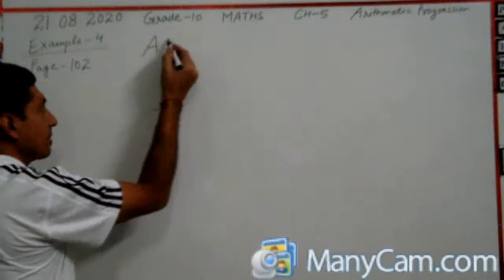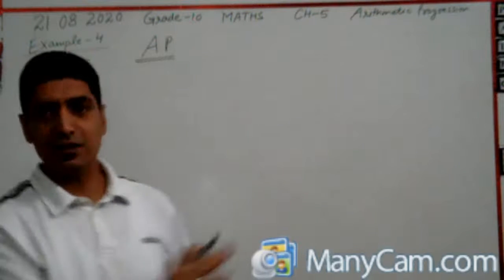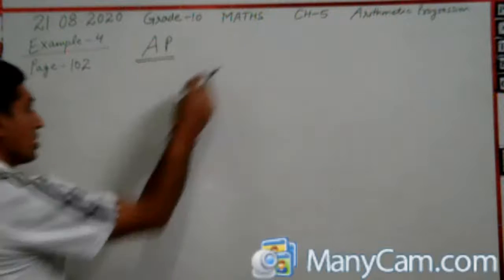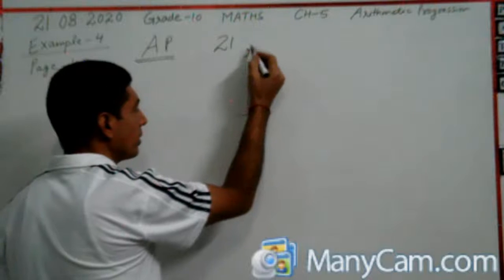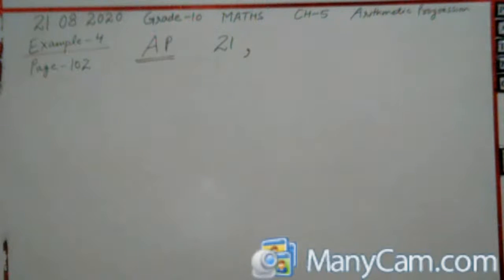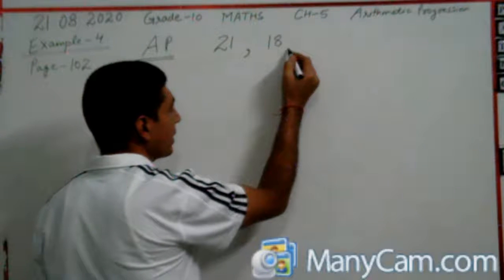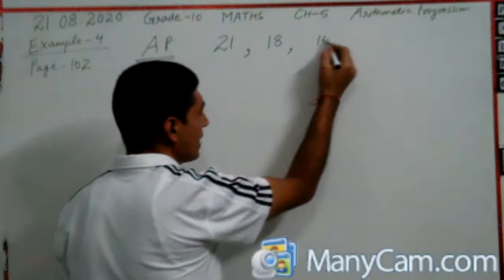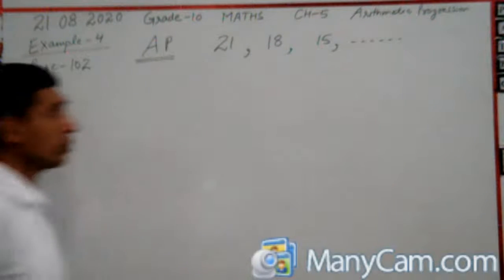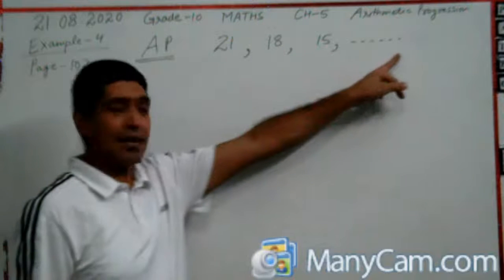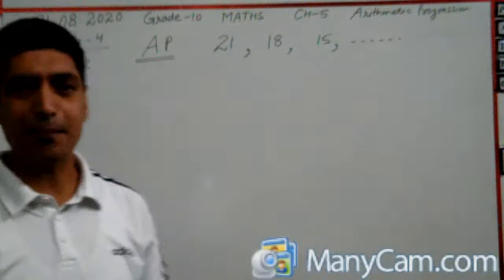The AP 21, 18, 15, and so on is given, which means this is an arithmetic progression. The first term is 21, then 18, and the third term is 15. Now we have to check whether minus 81 is a term of this AP.